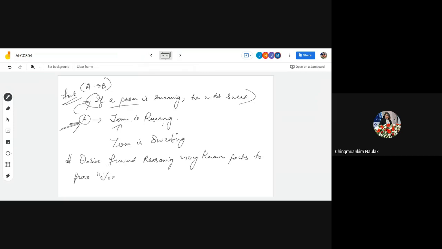There will be given facts, and you have to prove that Tommy is black using the given facts. Fine. So what are these facts? I'm going to write it in the next slide.